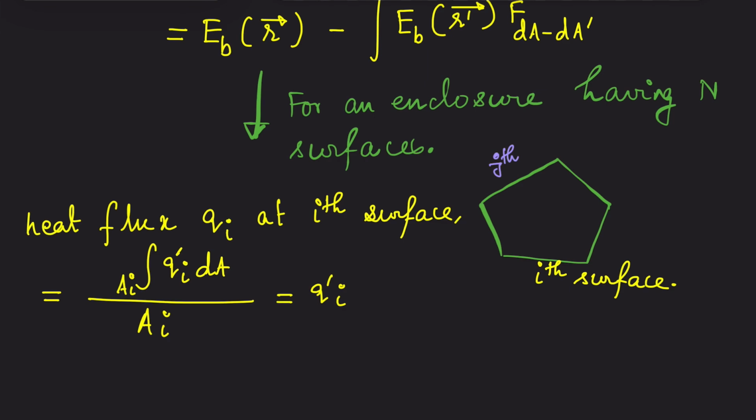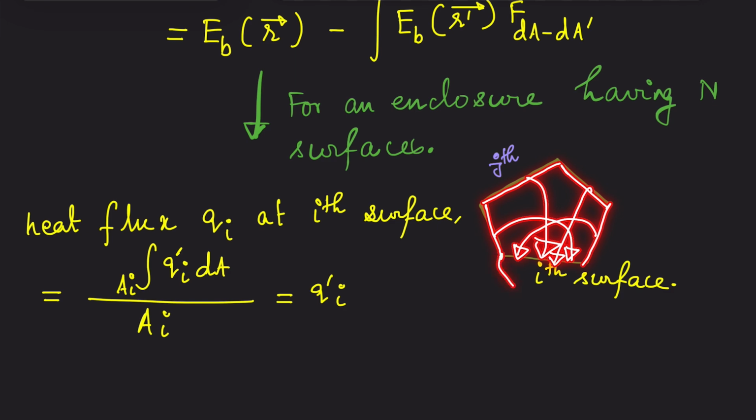So for this ith surface, if I have to find the irradiation, the radiation energy that is coming from the enclosure, then I have to find how much energy is coming from this surface, from this surface, from this surface, from this surface.